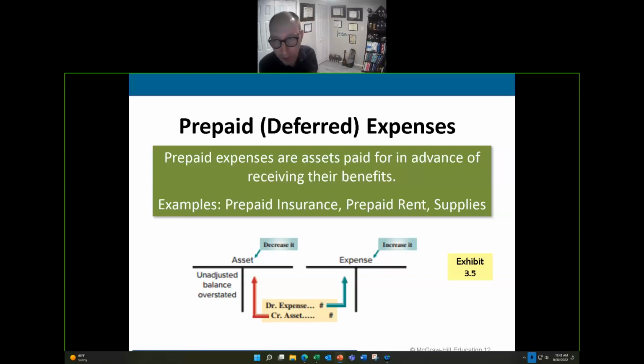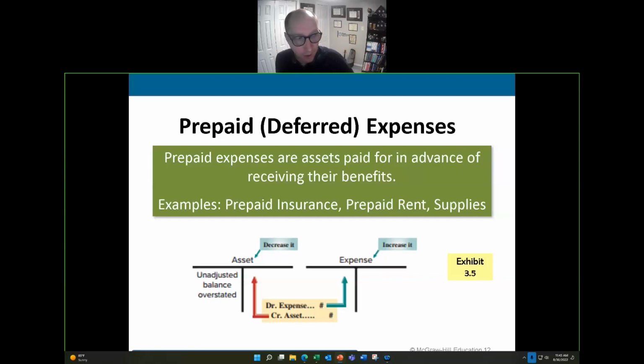Here's the thing with prepaid expenses: those are asset accounts. I can already hear you: Dr. B, it says expense. Why is it an asset? Let me explain. A prepaid expense is an asset account because you have a claim to that amount.